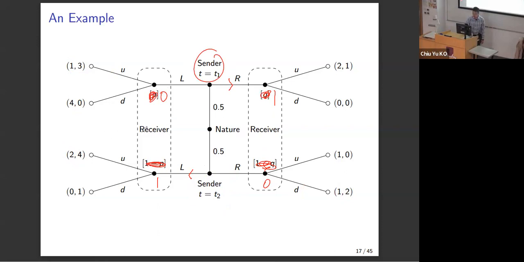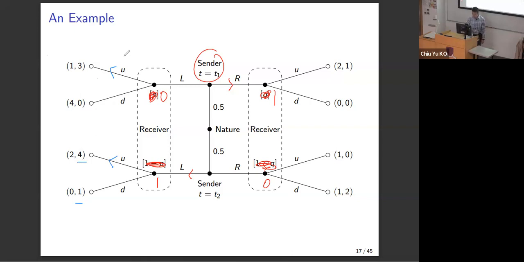Receiver knows this is 1 is here. He is looking at the payoff between 4 and 1, right? He will choose up. He doesn't know where he is, but whenever he sees L, he will choose U.